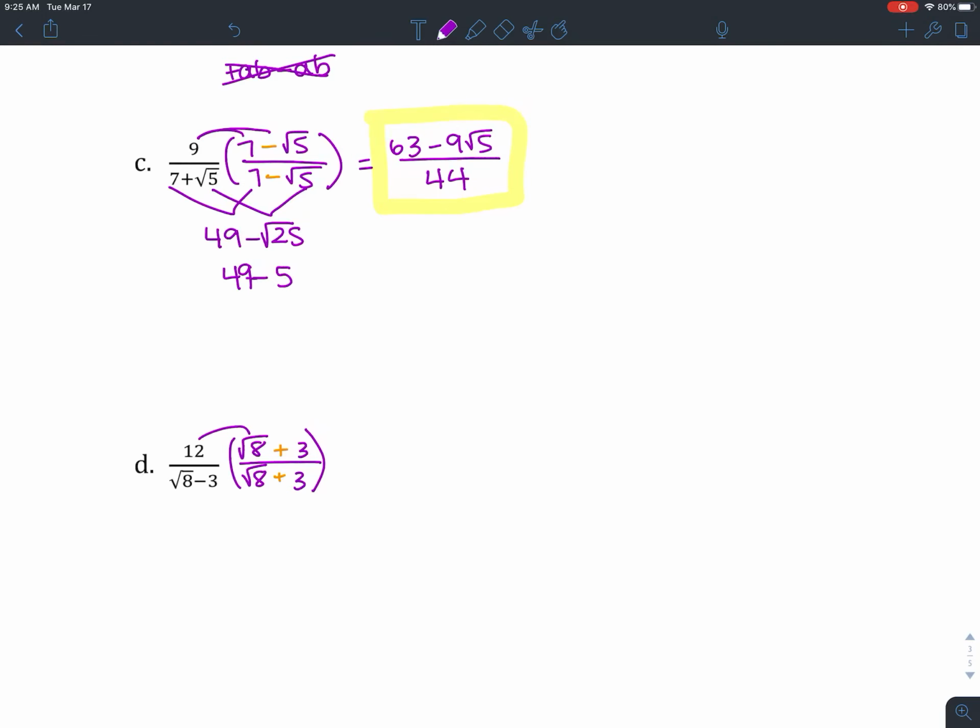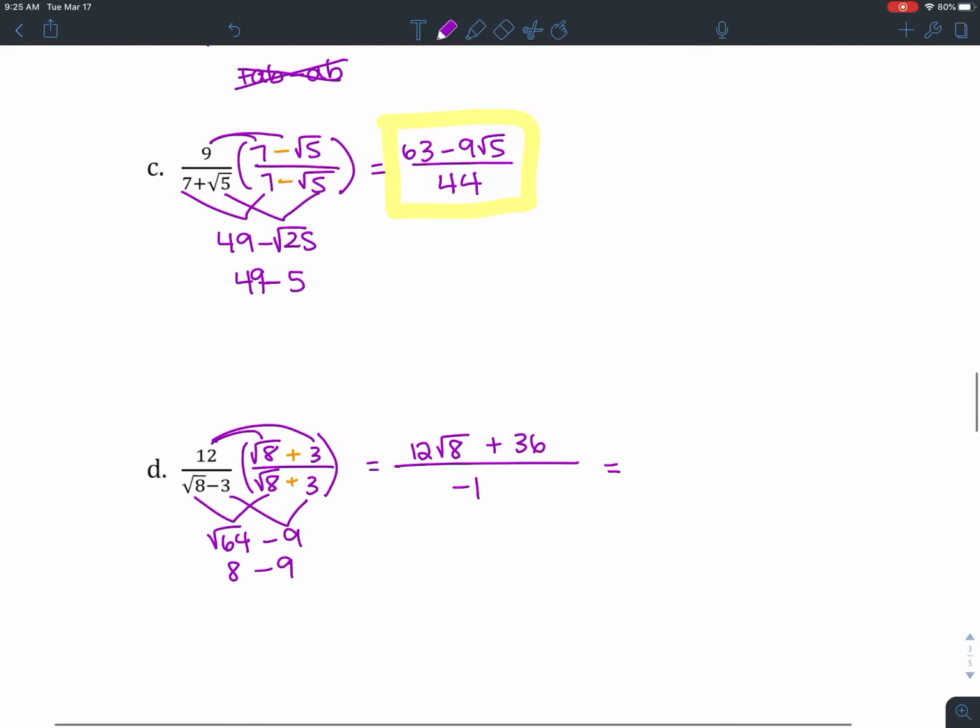All right, so now when we distribute the 12, we get 12 root 8 plus 36. This becomes square root 64, which is 8. And this is now minus 9. So 8 minus 9 is negative 1. I can divide that out and get negative 12 root 8 minus 36.